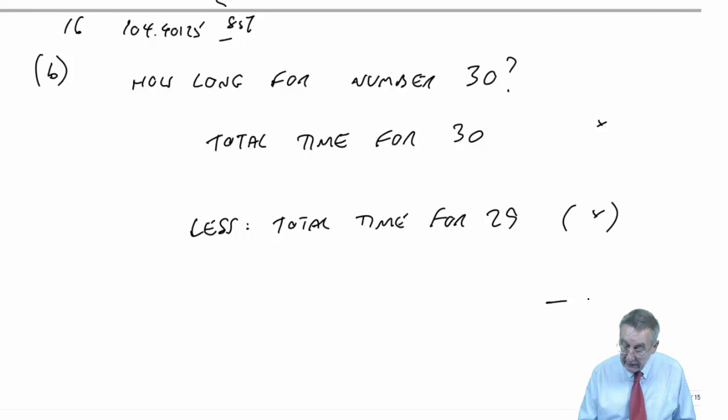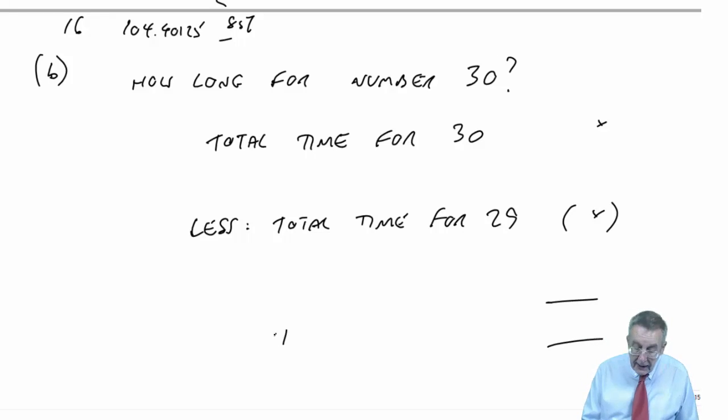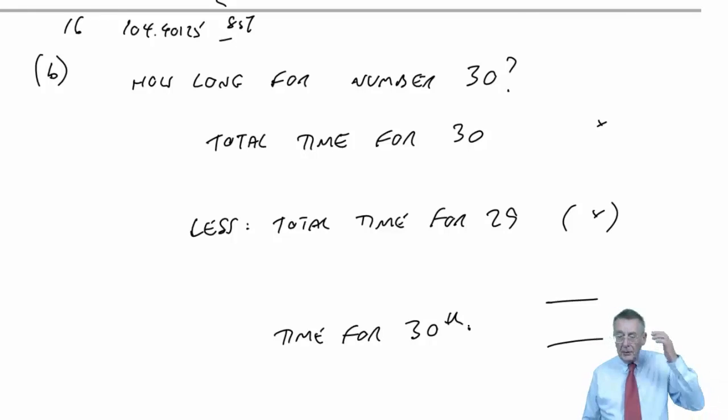So I'll leave a bit of a blank for some workings. How long 29 take and how long 30 take, the difference will be the time for number 30, the 30th. And that's what we're after. Because I said a minute ago, if number 30 takes 2 hours, then from then on, they're all going to take 2 hours. So that's what we're going to do.